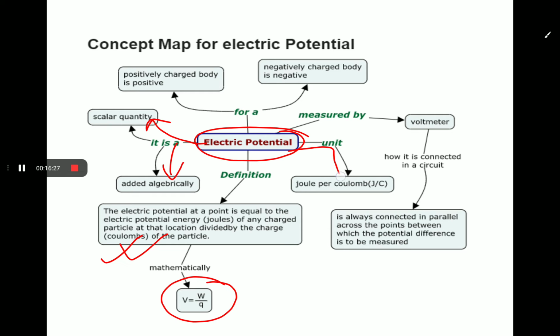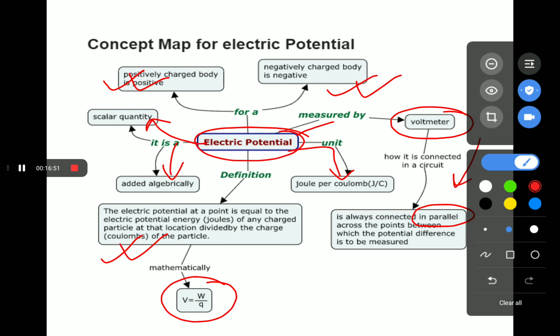SI unit of electric potential is joule per coulomb, and it is measured by the instrument voltmeter. And how is it connected? It is connected in parallel. And for a positively charged particle, it is positive, and for a negatively charged particle, it is negative. This is the concept map for electric potential. You have to memorize it for your convenience.